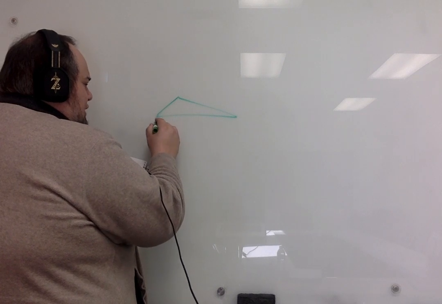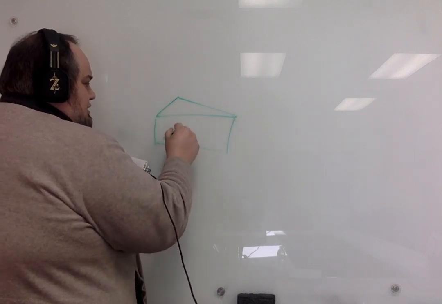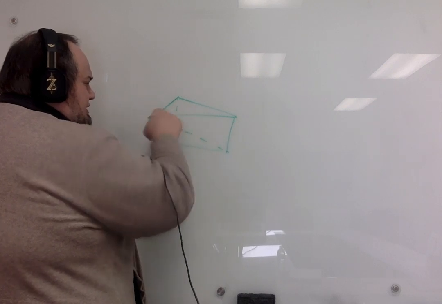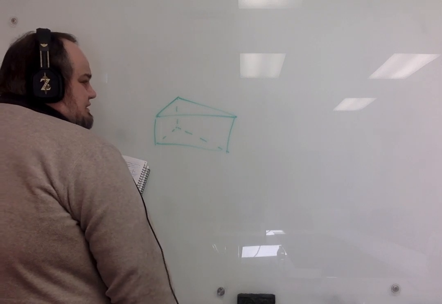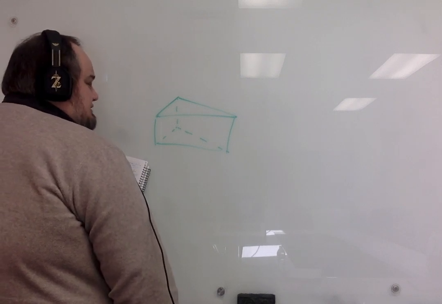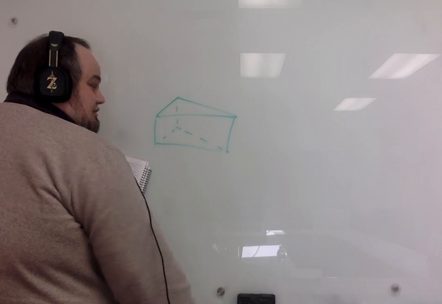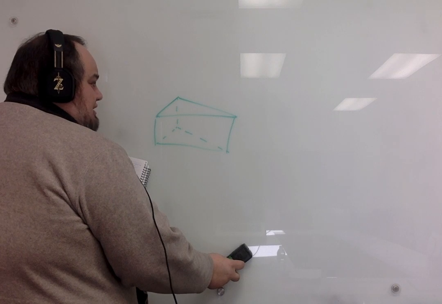So think about a wedge of cheese as a type of triangular prism, where you have a triangle for the top and the bottom, and then you have these rectangles that are the sides. We call the sides in three-dimensional shapes like this lateral surfaces. We talked about the word lateral yesterday. It means side. So that would be a triangular prism.